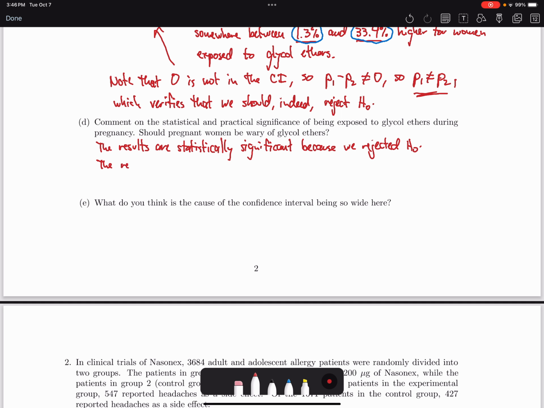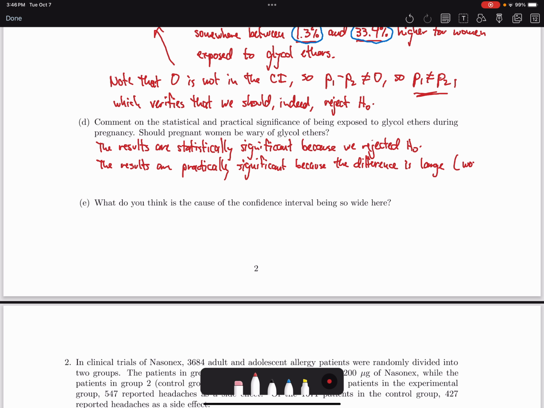So the results are practically significant because the difference is large. Right?